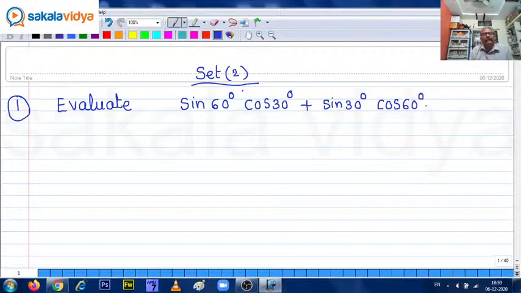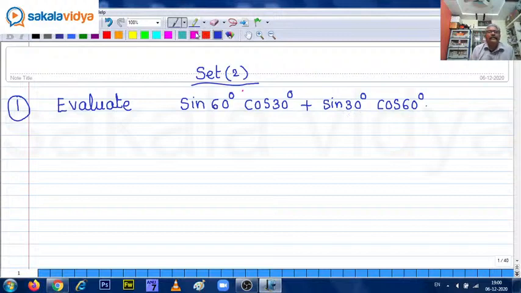What is the answer? Evaluate sine 60 degrees cos 30 plus sine 30 cos 60.